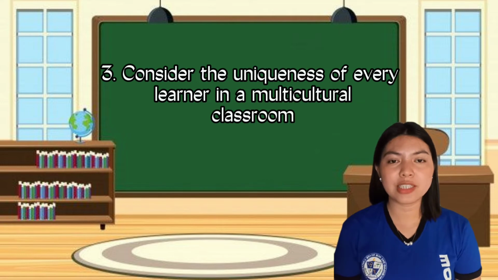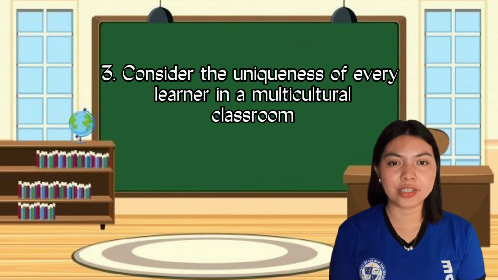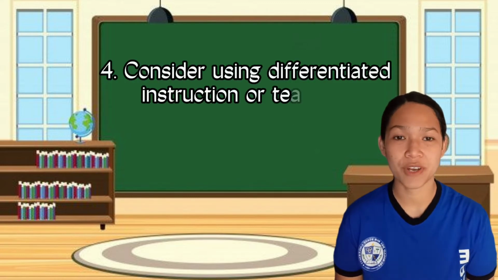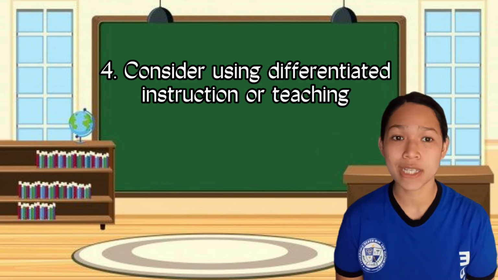So, we should expect that they are different from each other because we can't deny the fact that no one is alike. Even identical twins, triplets, quadruplets have differences. So with the learners.